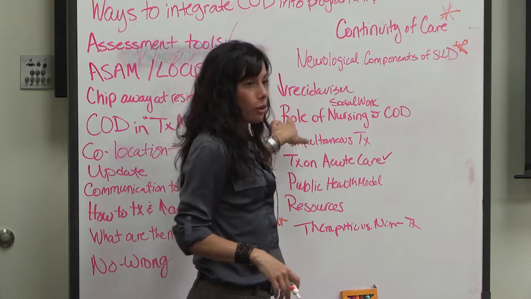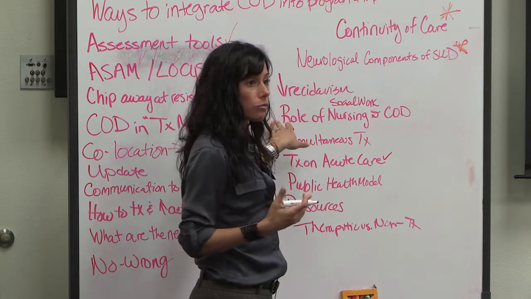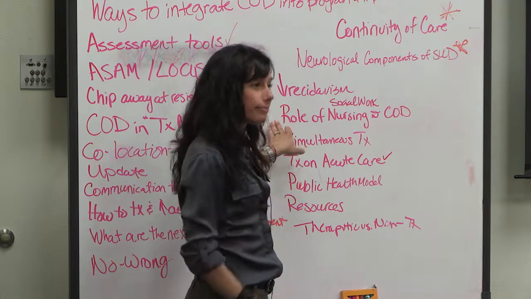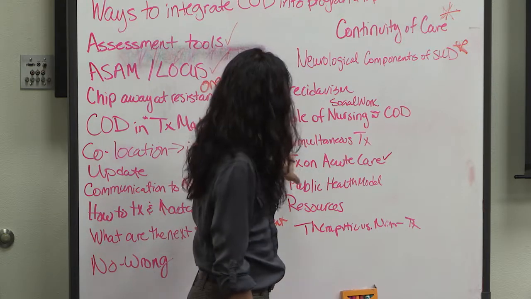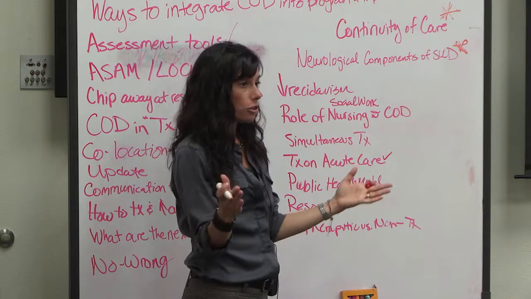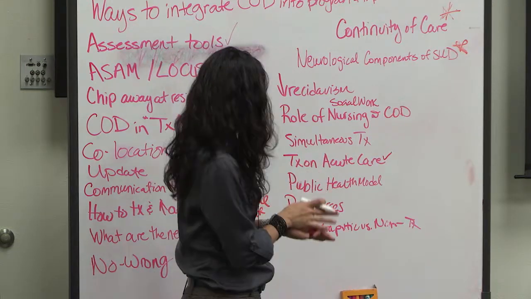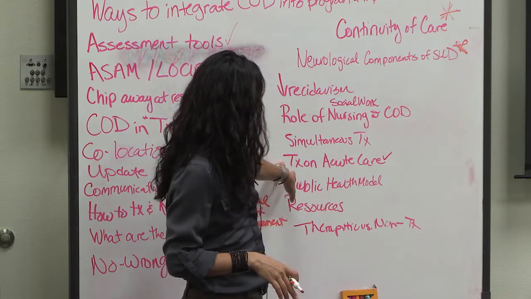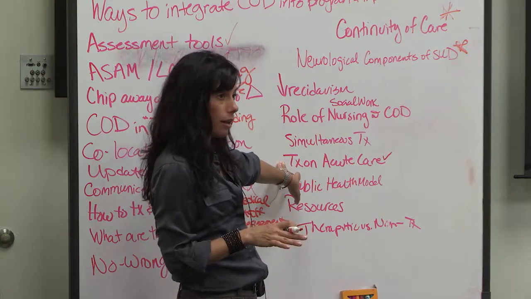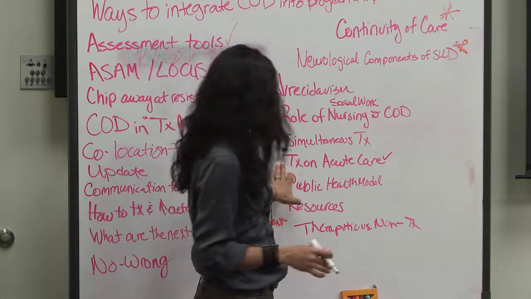Right. Role of nursing in co-occurring disorders. Do you feel like you have a better idea of the various roles that you could play? Simultaneous treatment, so the difference between sequential treatment and simultaneous treatment, both together at the same time is best. Treatment on the acute care ward. We talked quite a bit about maybe ways that you can begin to bring this into inpatient.